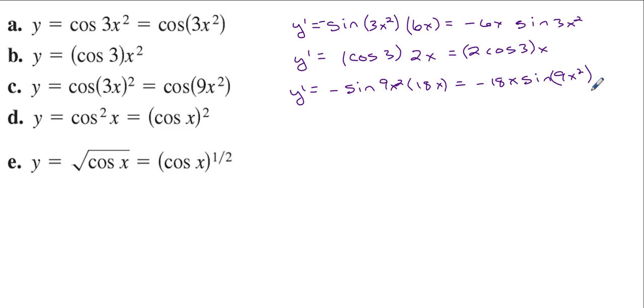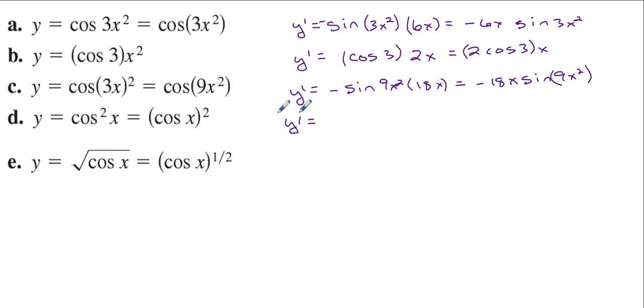Okay, letter D highlights what we just talked about in the last slide, cosine squared x. That's just a better way of writing cosine x quantity squared. Okay, so this would definitely be a composite function. Definite chain rule needed. Okay, y prime.